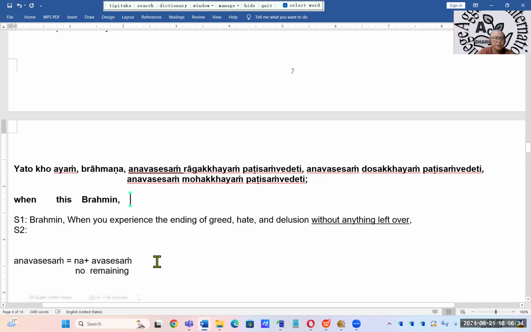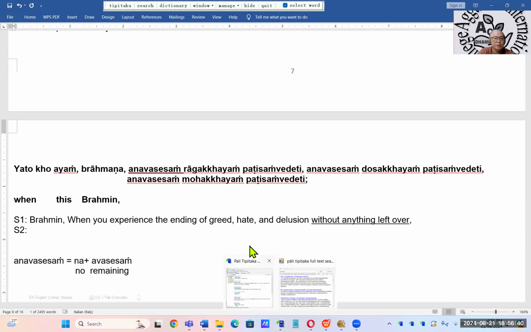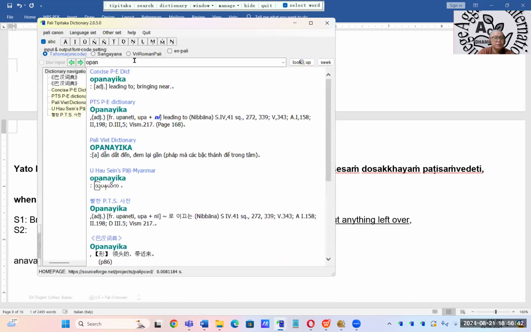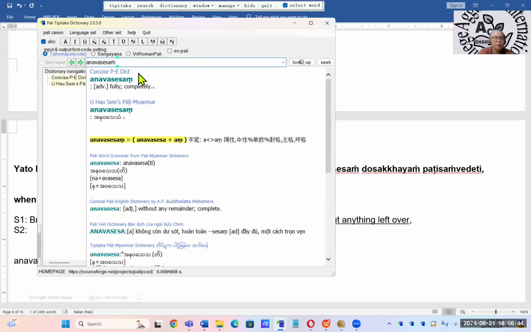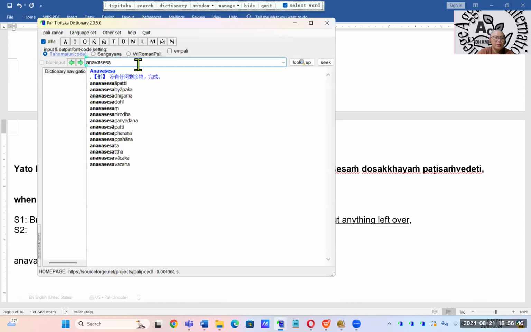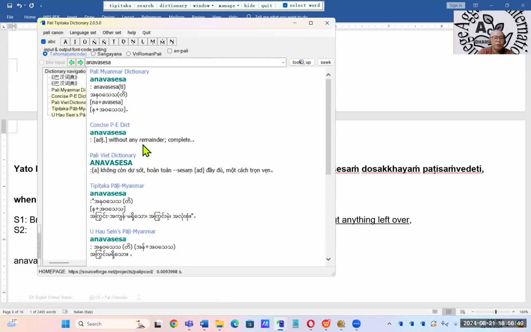Or sometimes we can use another one, we call it entirely. Yeah. Entirely. So anavasesam. Check the dictionary. Yeah, fully, completely. Because when you are without any remainder, this is the traditional way they translate it, without anything remainder.